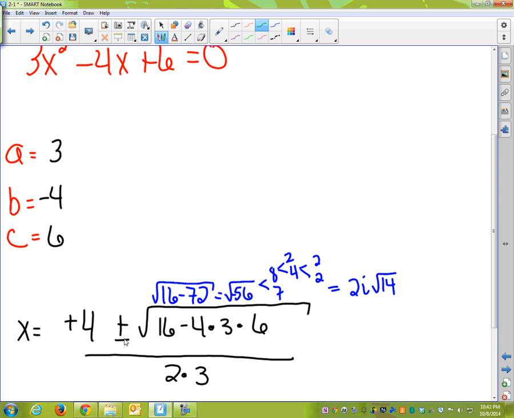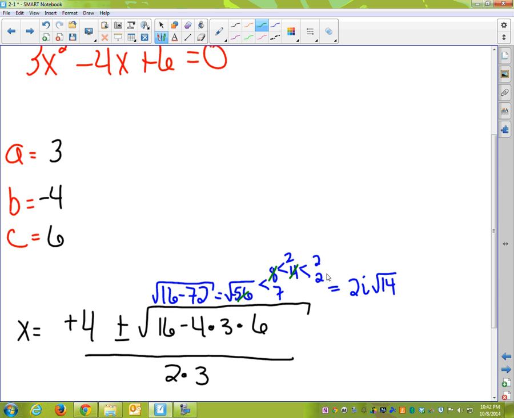Opposite of B, plus or minus the square root. B squared minus 4AC all over 2A. Simplifying that, I got -56 on the inside. That's the radicand. I had to do the factor tree. 8 times 7, 8 broke into 4 times 2, and the 4, 2 times 2.